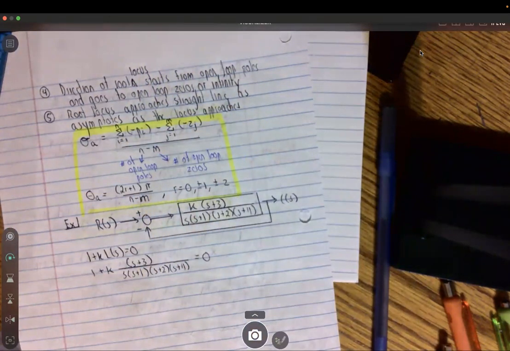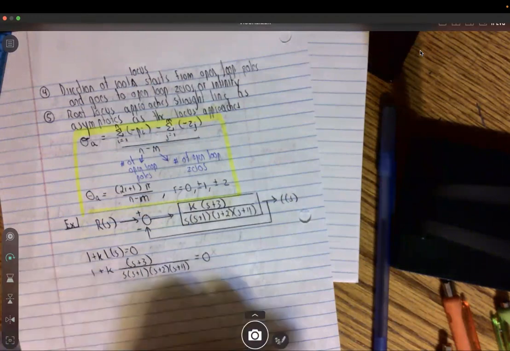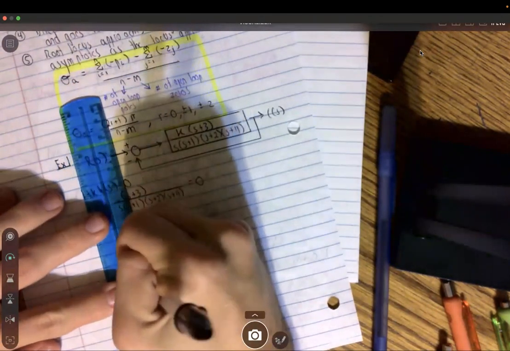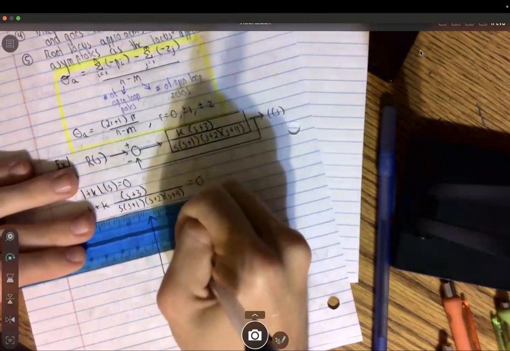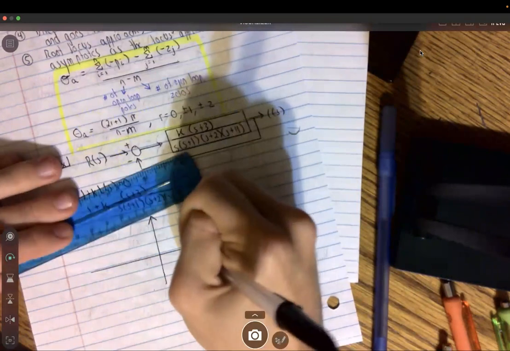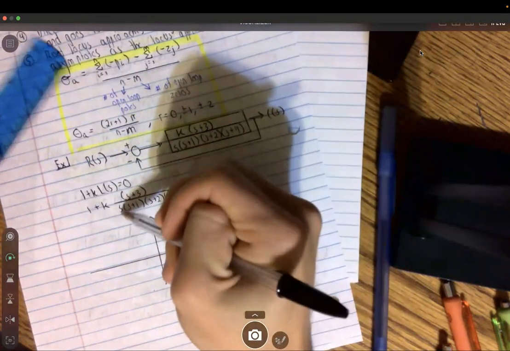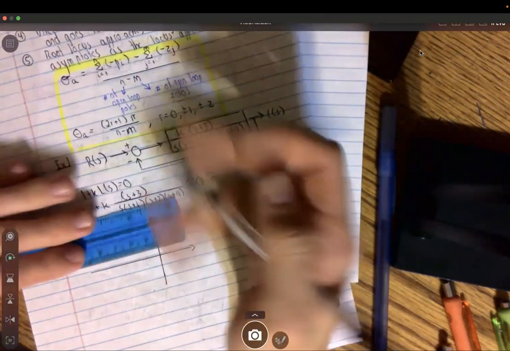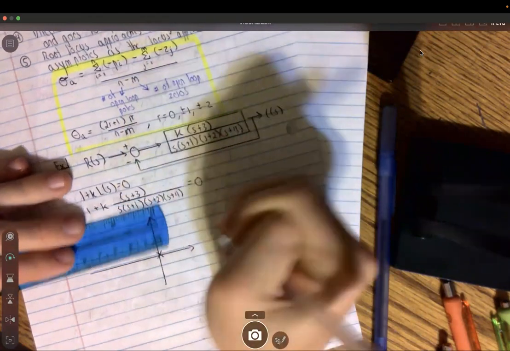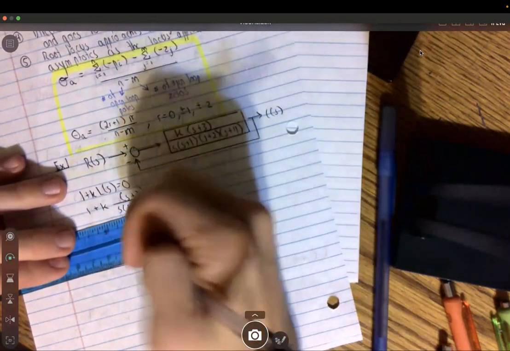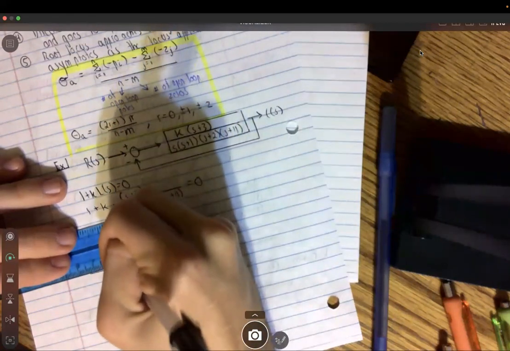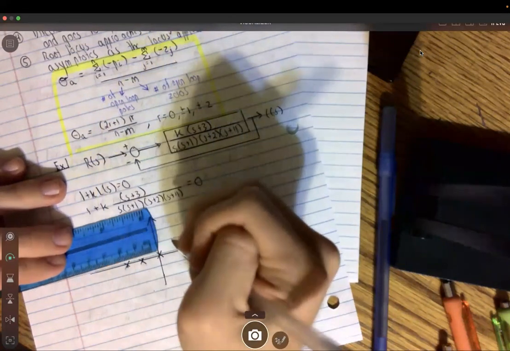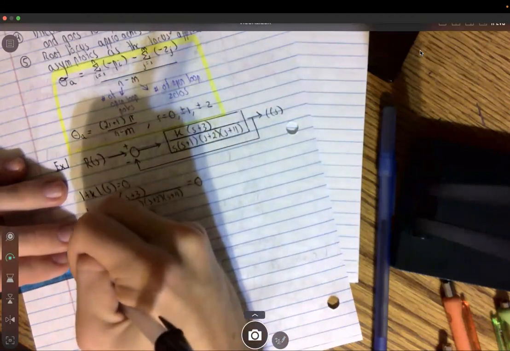And so when we go to plot these, you're going to get the following. We have a pole at 0, a pole at -1, a pole at -2, and a pole at -4.